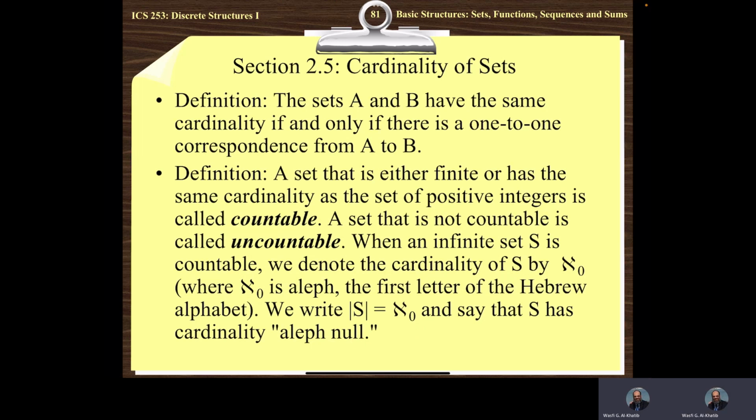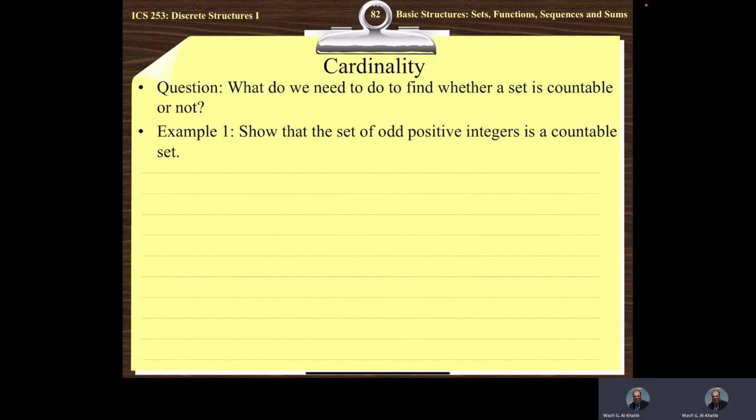So now the question is, what do we need to do to find whether a set is countable or not? What do I need to attempt to do?